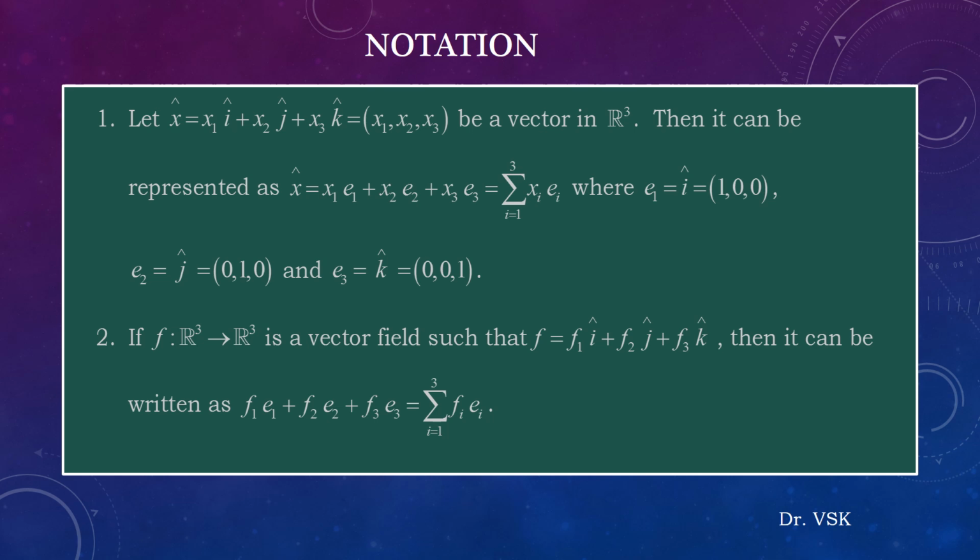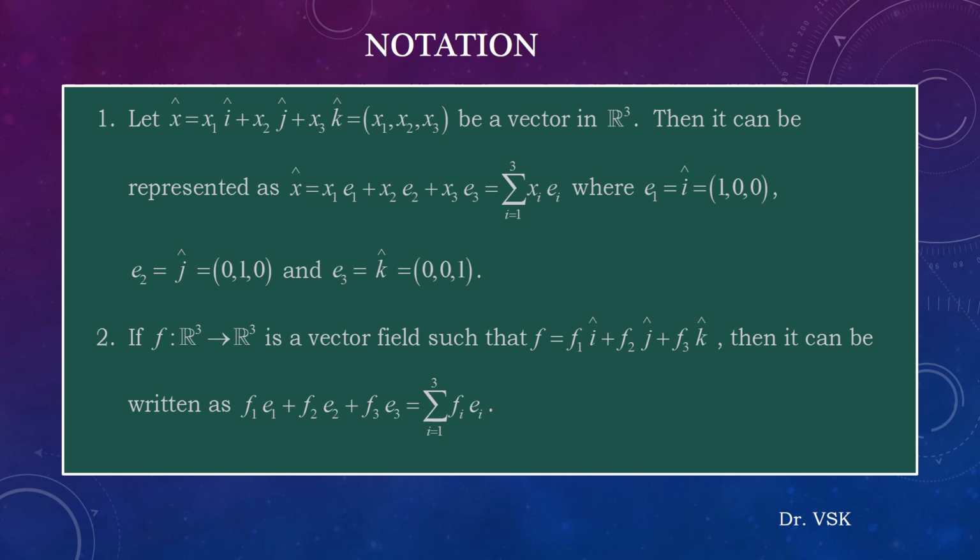We have to observe here that i, j, k are indices. They take values 1, 2 and 3. But i cap, j cap and k cap are unit vectors in the directions of x-axis, y-axis and z-axis respectively.